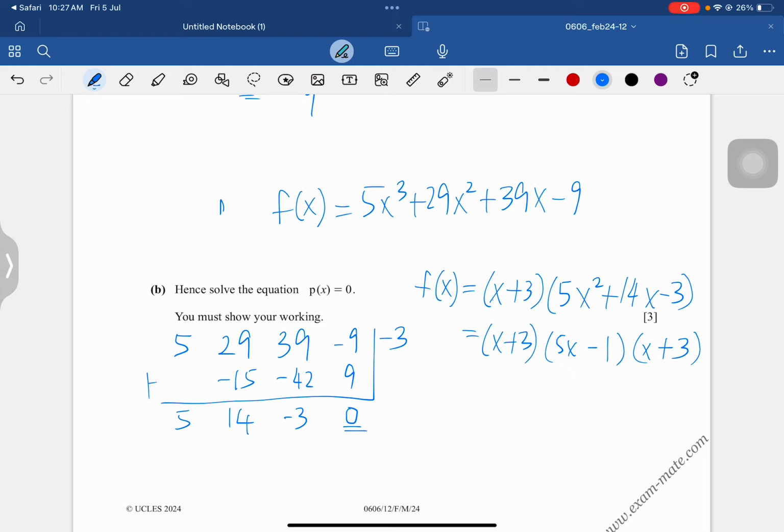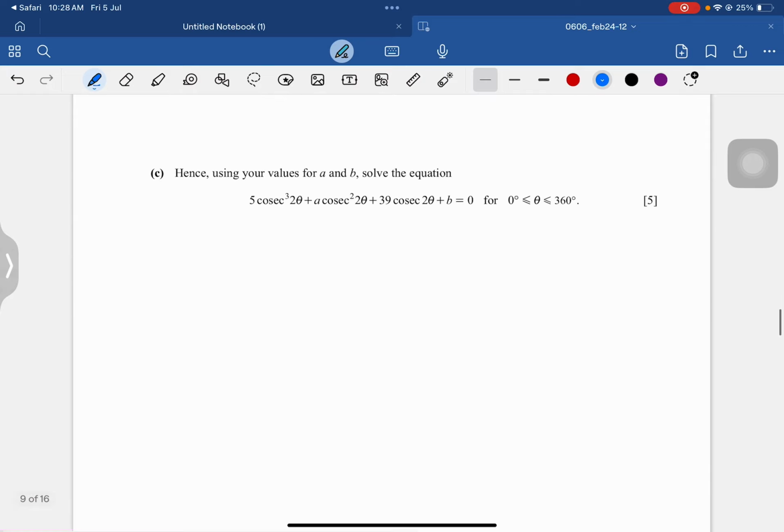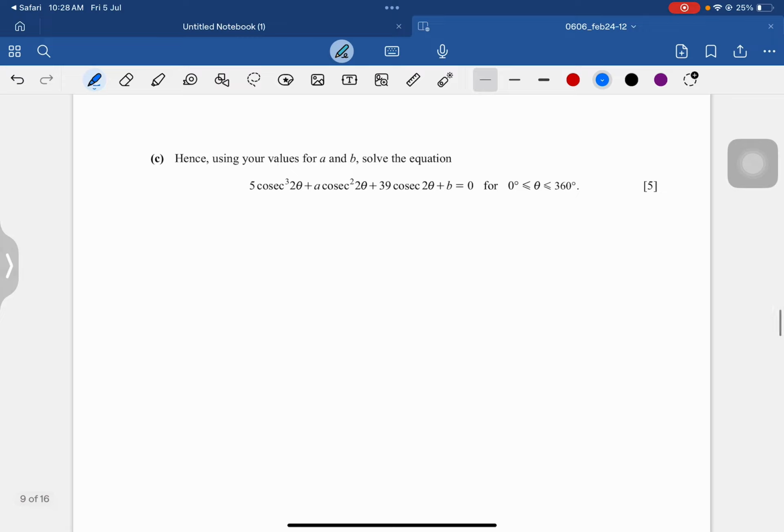And then, since they want the roots equals to 0, x is going to be minus 3, x is going to be 1 over 5, and x is going to be minus 3 as well. Yeah, two same answers. Hence, using the value for a and b, solve the equation.